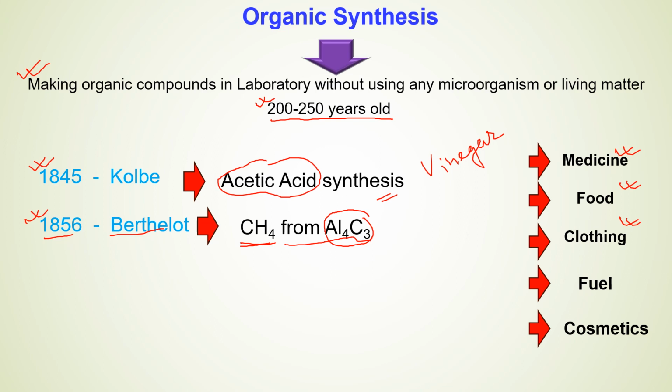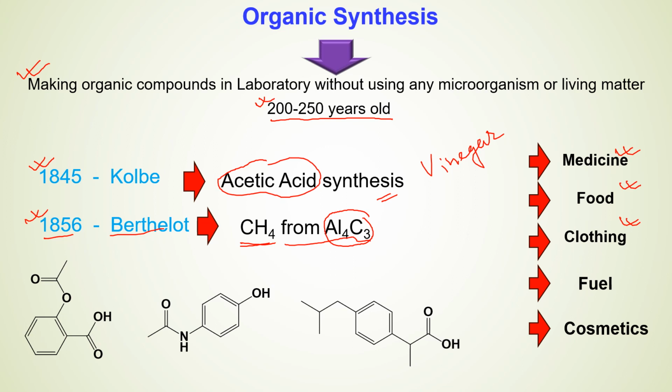In medicine, I will elaborate with some examples. These are the three most important and widely known compounds: aspirin, paracetamol, and ibuprofen. All of these are medicinally important compounds, medicines for fever, headache, and pain that we generally use in our daily life.